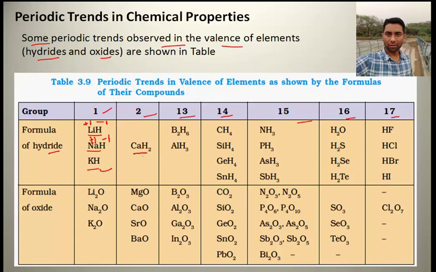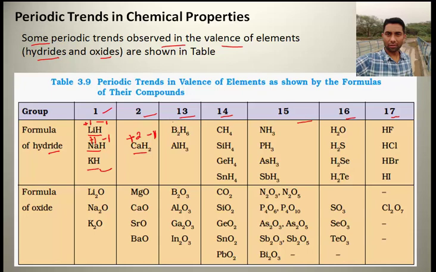Now calcium hydride. Calcium belongs to the second group, so calcium will show oxidation state of +2, whereas hydrogen will show -1. In the same manner for boron. Boron hydride, diborane, exists in the form of binary species.